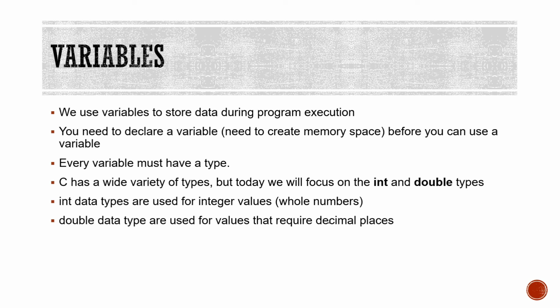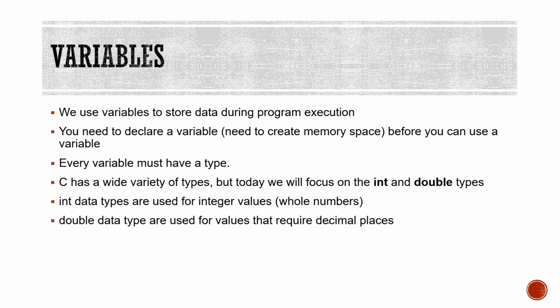So what exactly are variables? Variables store data in a program while the program is executing. We need to declare these variables, and what I mean by declare is we need to write syntax that creates enough memory space for us to store a value in it.